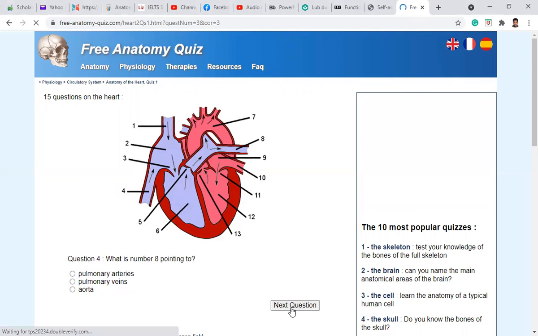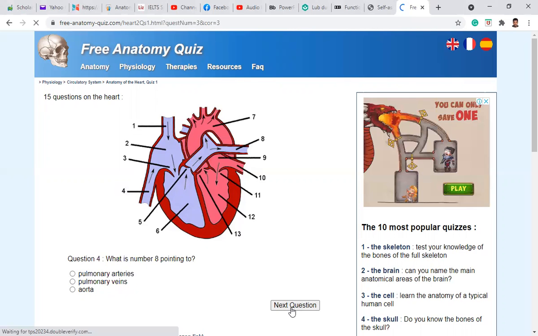What is number 8 pointing to? Pulmonary artery. Okay.